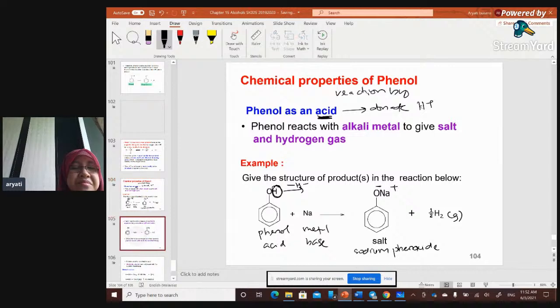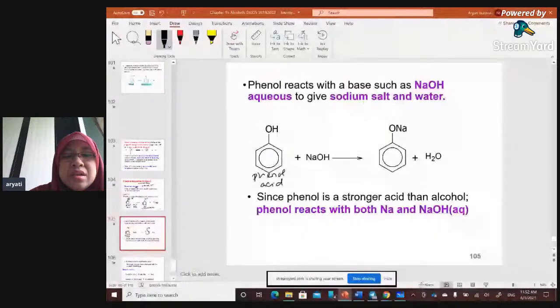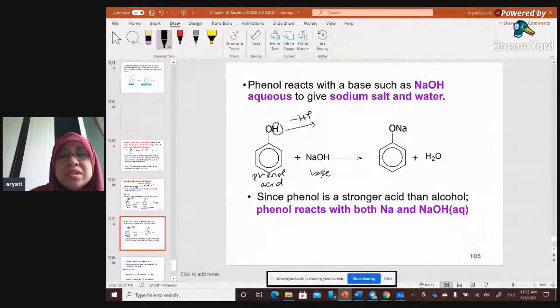Okay. So phenol also can react with strong base such as NaOH aqueous to give sodium salt and water. So samalah. So this is a phenol. Phenol act as acid, and NaOH aqueous is a base. So reaction acid and base, it will produce salt and water. So phenol will donate proton H plus jadi O minus.